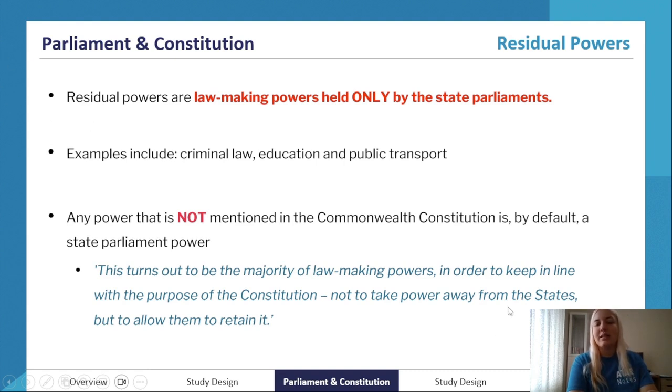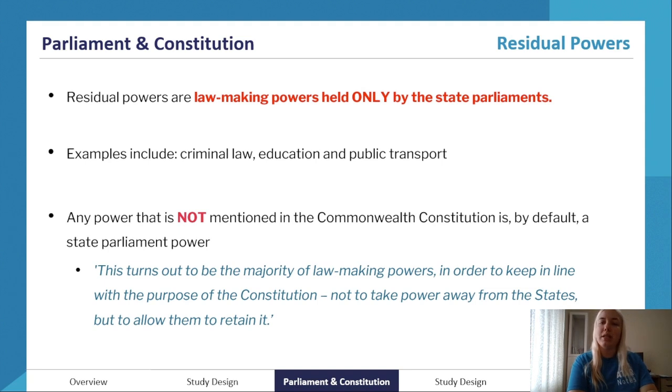And why that is the case, because when the Constitution was initially established and written, the purpose was not to take away power from the states, but allow them to retain it. So obviously, with Australia coming under one country, all of the states and areas had concerns that they would lose all of their freedom and there would be a single parliament and everything would change.